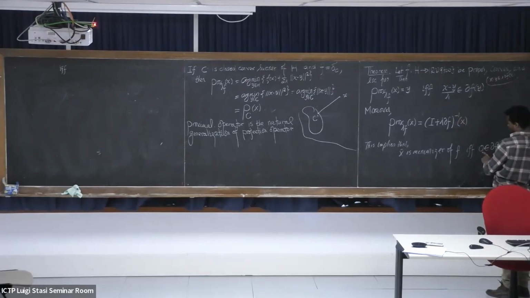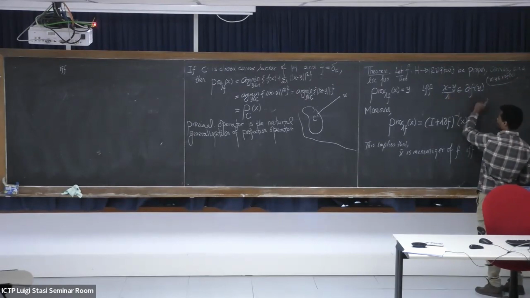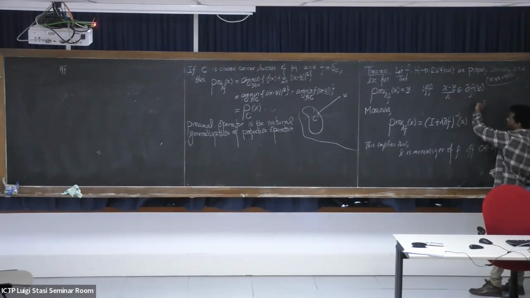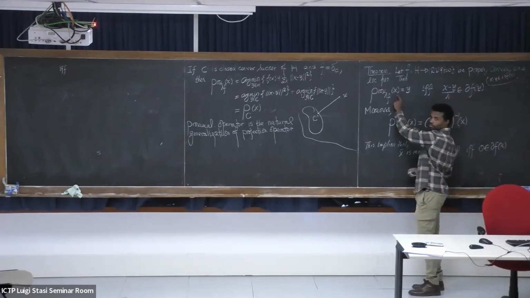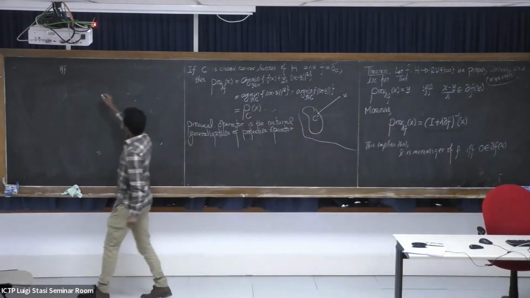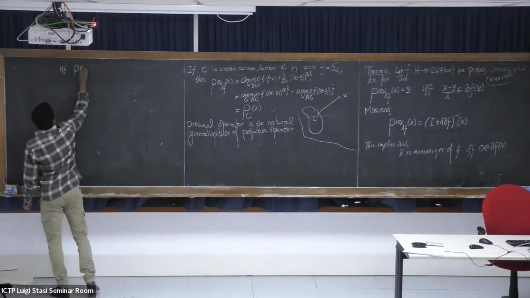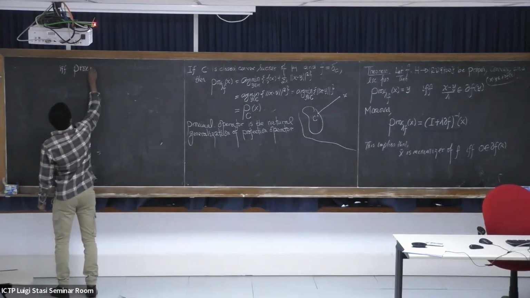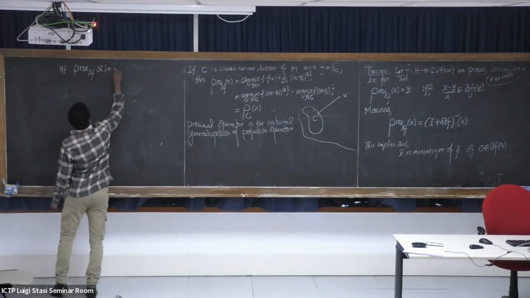Anyways, 0 is an element of the subdifferential, meaning that x bar minus x bar is an element of the subdifferential of f at x bar. That holds if and only if the proximal of x bar is x bar. The proximal of x bar is x bar.